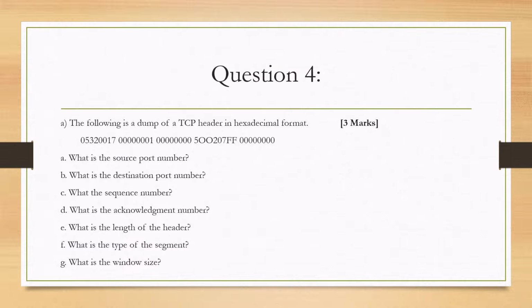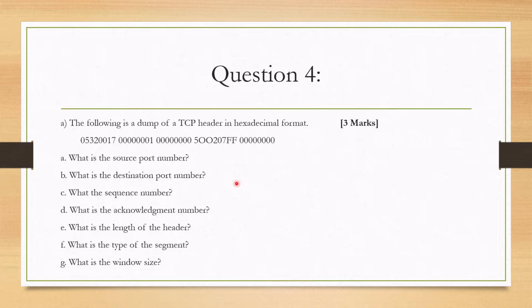So first of all, there are two parts in the question. This is the first part, the A part. What is the question given? The following is a dump of a TCP header in hexadecimal format.